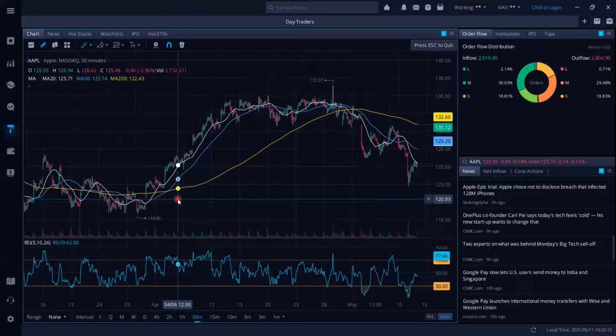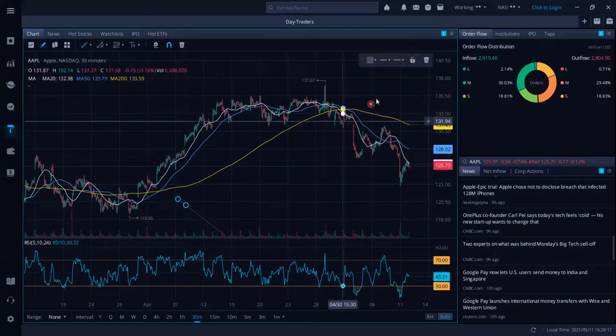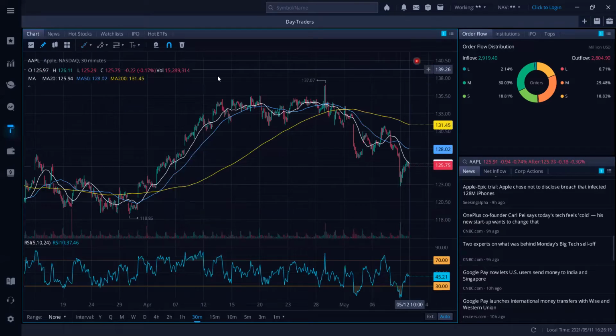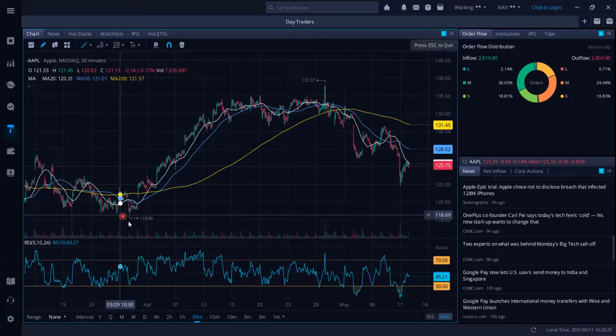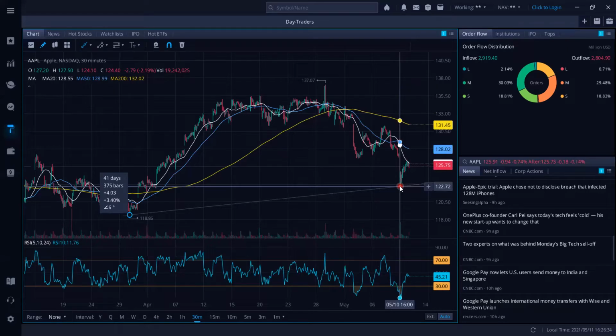Guys see that? So that one kind of started the upward trend. So I like to start with the point that kind of started the upward trend. So I'm gonna start with this one, and I'm gonna go with this last point of resistance that we see here.